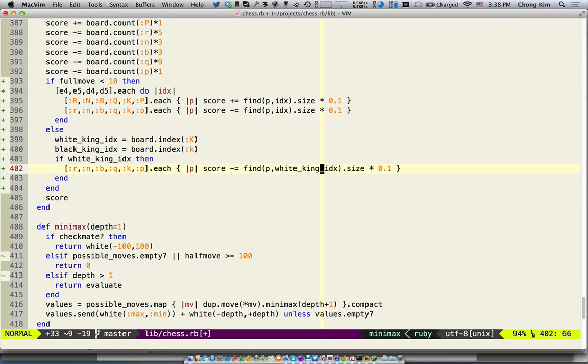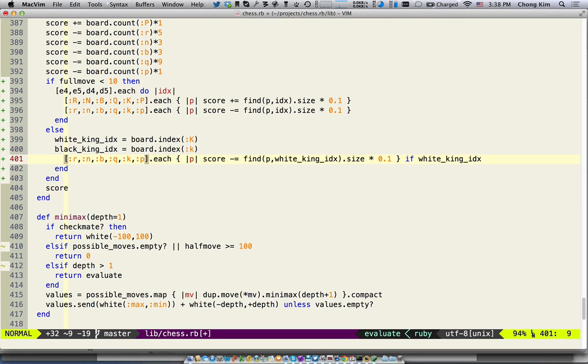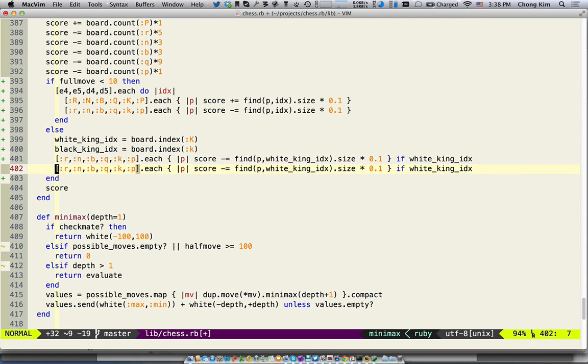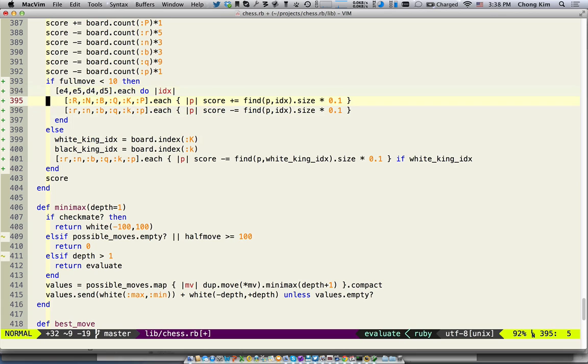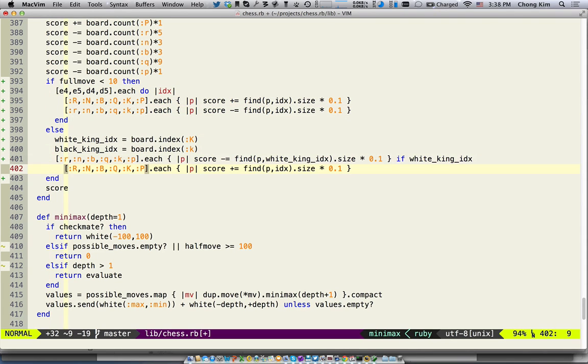Okay, see if this looks right. Might as well put the if white king index right here and just take this out. Okay, and then this. See, if you're going to be hitting the white king, then that's more advantageous to black, so we do a subtract.